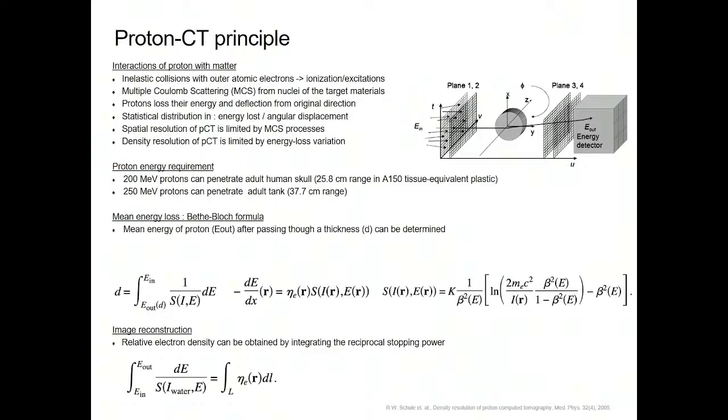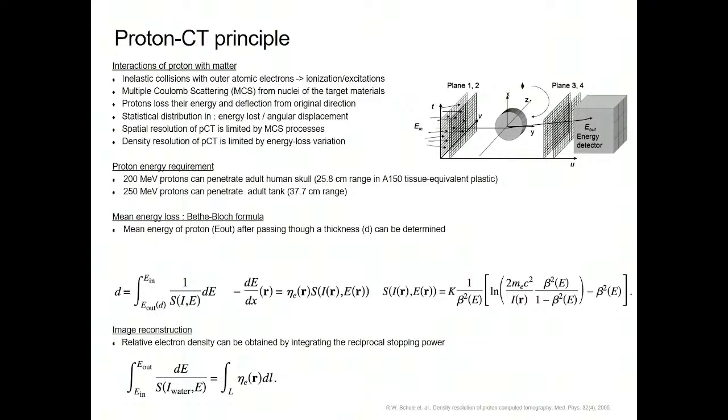With this, the proton will lose energy inside the sample, and will also deflect from the original direction. This means the proton comes, deflects, and deposits some energy. What we have to do here is track the proton before and after passing through a phantom, and also measure the energy after passing through the phantom.